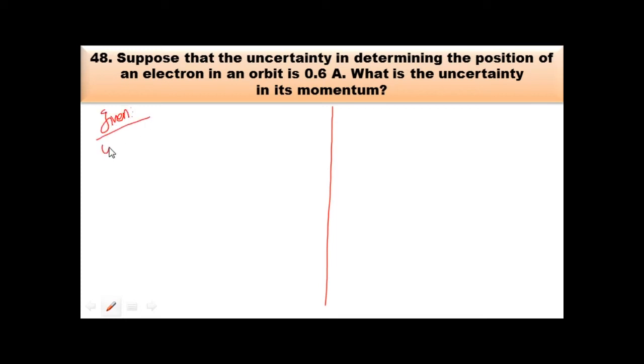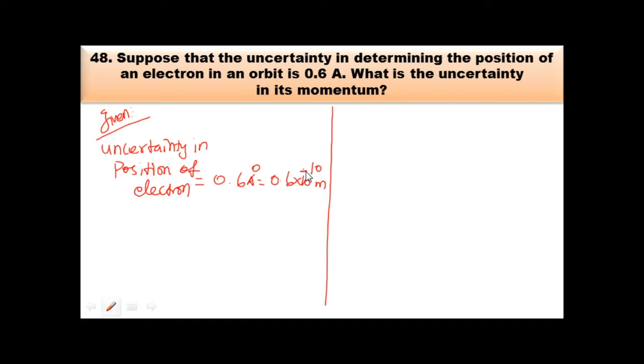The uncertainty in position of the electron, delta X, is equal to 0.6 angstrom, so 0.6 into 10 power minus 10 m.